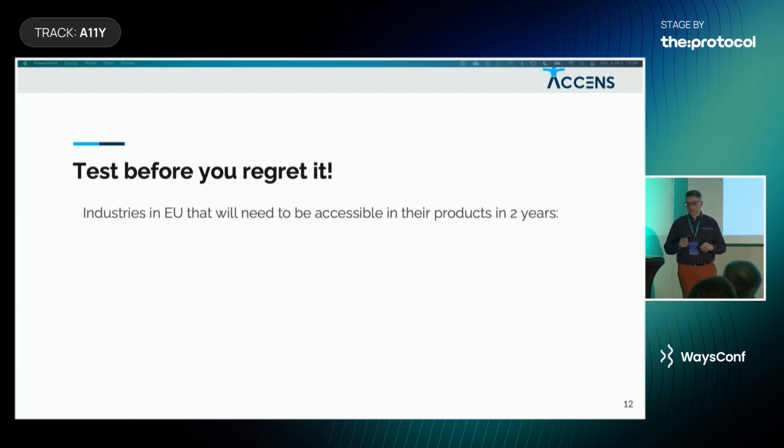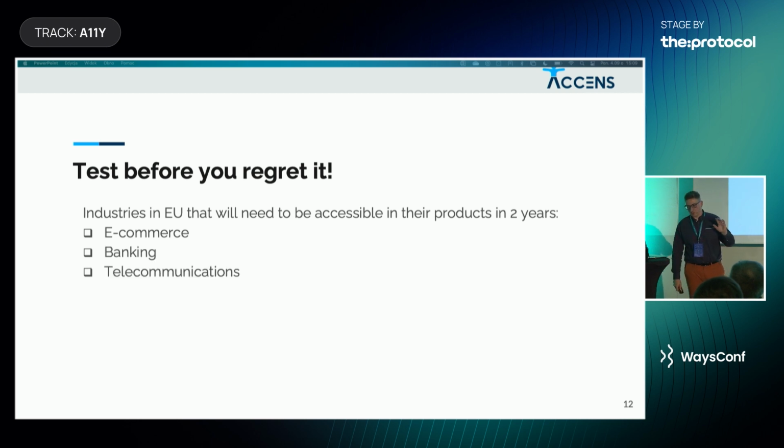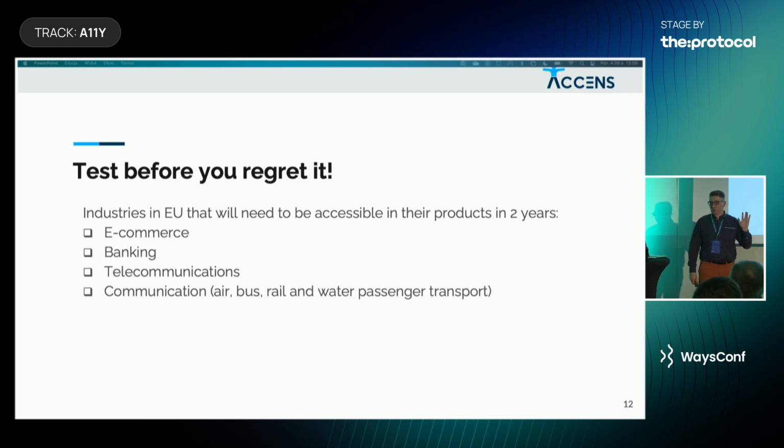And the second thing is that shortly the EU is going to force other sectors to be accessible. So in 2 years, all e-commerce, banking, telecommunications, communication, air, bus, rail and water passenger transport, and e-books, all those areas have to have accessible products.